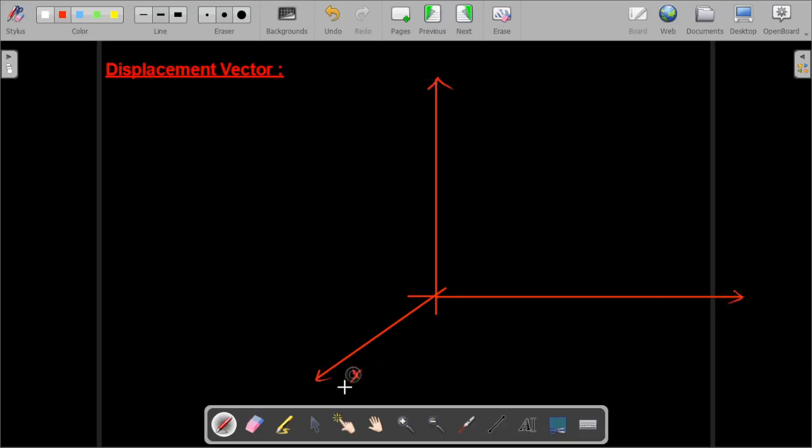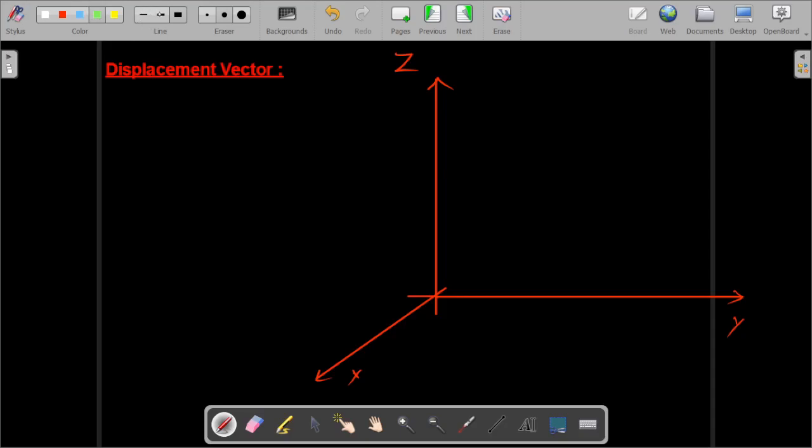This is our x-axis, this is our y-axis, this is our z-axis. Suppose the position vectors of 2 points are given in this way.